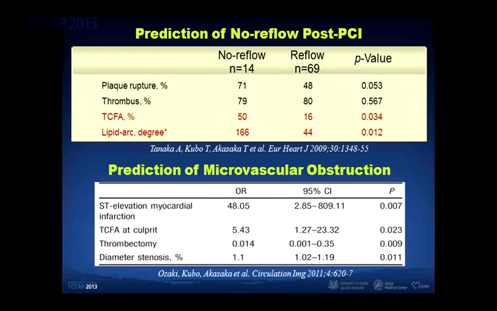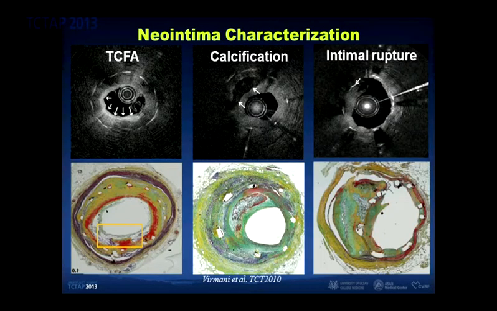And if there is a thin cap fibroatheroma at the culprit site, there is a risk of microvascular obstruction after PCI. But these are only pilot studies. There are no randomized prospective large-scale studies.